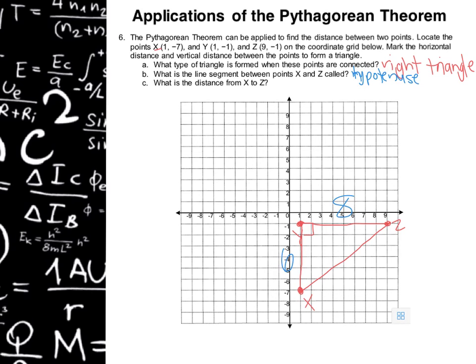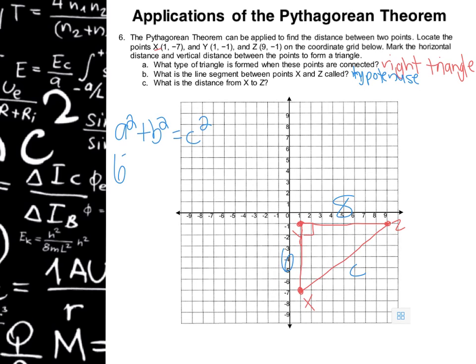So in order to find that distance, I need to do the Pythagorean theorem. So we're going to use a squared plus b squared equals c squared. I know I'm solving for c, my hypotenuse. So I can take either of these numbers and plug them in for a and b. I'm going to do my shortest side for a.